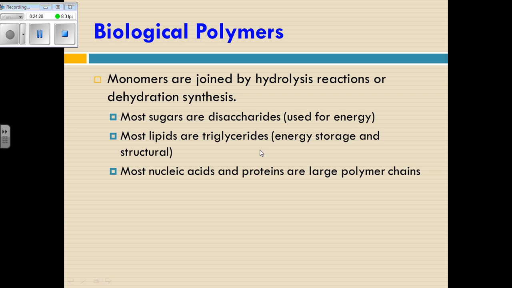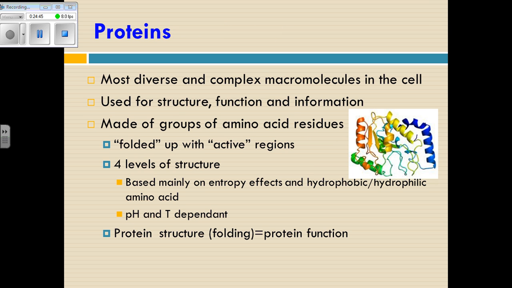That's used mainly for energy storage, but it also can be used structurally, like in the cell membrane. An important note, most lipids are triglycerides, but our body treats diglycerides exactly like triglycerides, no matter what the FDA tells you. Most nucleic acids and proteins are really big. They're not just 1 or 2 chains added together. Usually they number in the hundreds.